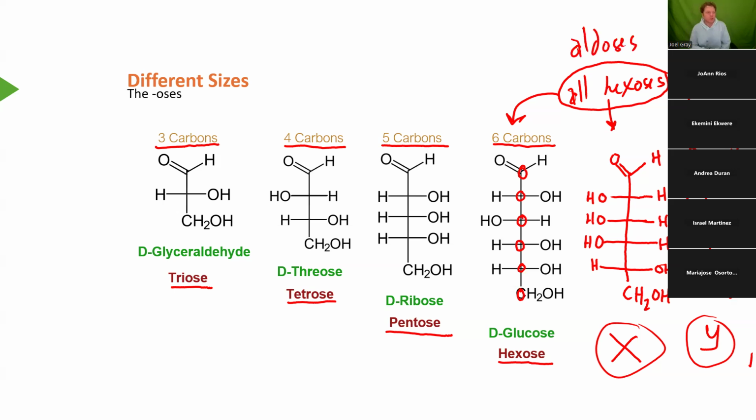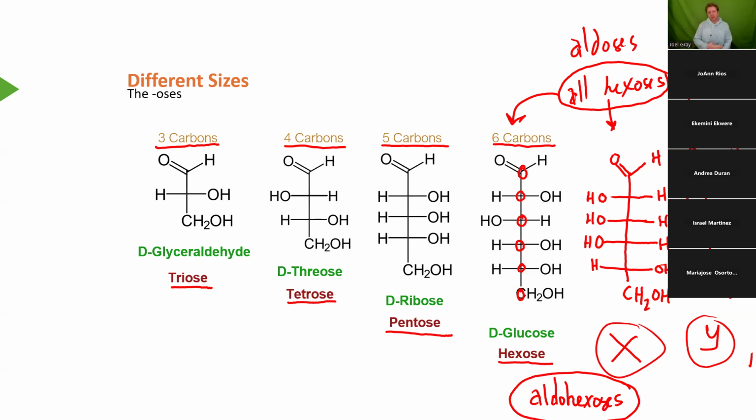Now, we can take that term and consolidate them and say that these are all aldohexoses. As aldohexoses, that gives you a little bit of information that they are aldoses and they are hexoses. They have 6 carbons and they have an aldehyde.